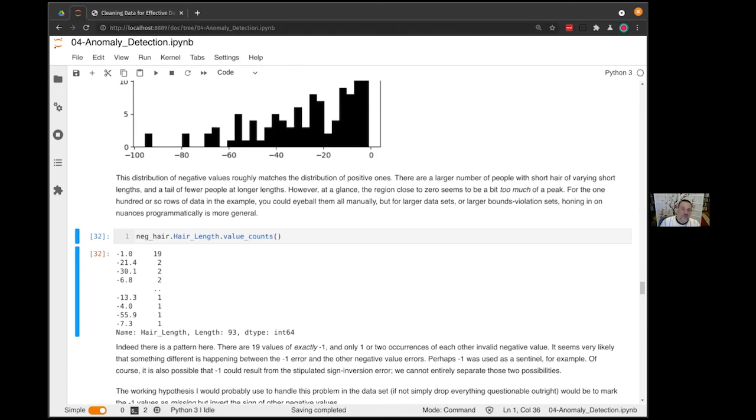But -1 is another very commonly used one, especially for things that generally should be positive, to indicate that you weren't able to make an observation, or that someone upstream who recorded the data used that value. So my feeling is that the -1s are more likely to be these sentinel markers, where no observation was made for whatever reason, while the others are likely to reflect a sign inversion of the data.